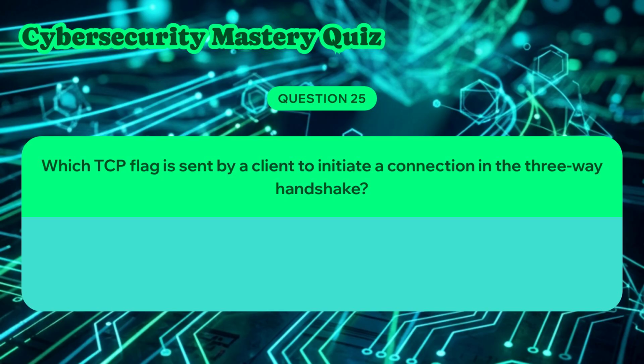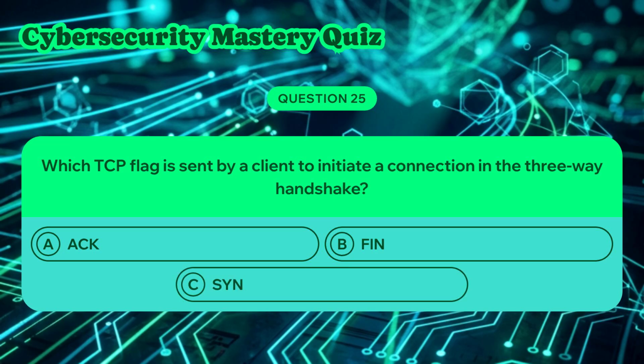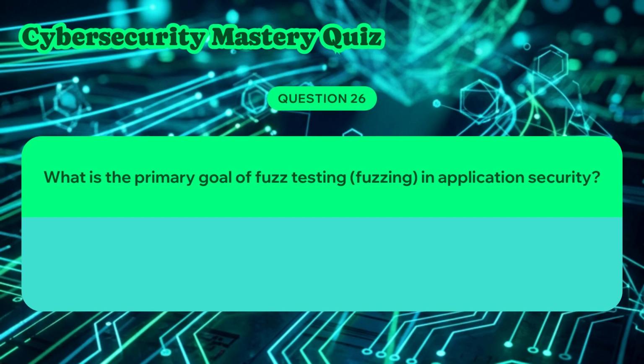Which TCP flag is sent by a client to initiate a connection in the three-way handshake? What is the primary goal of fuzz testing, fuzzing, in application security?